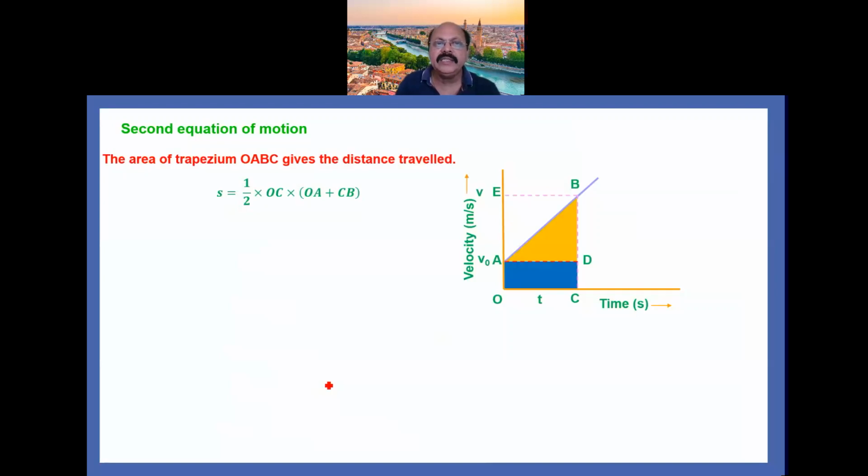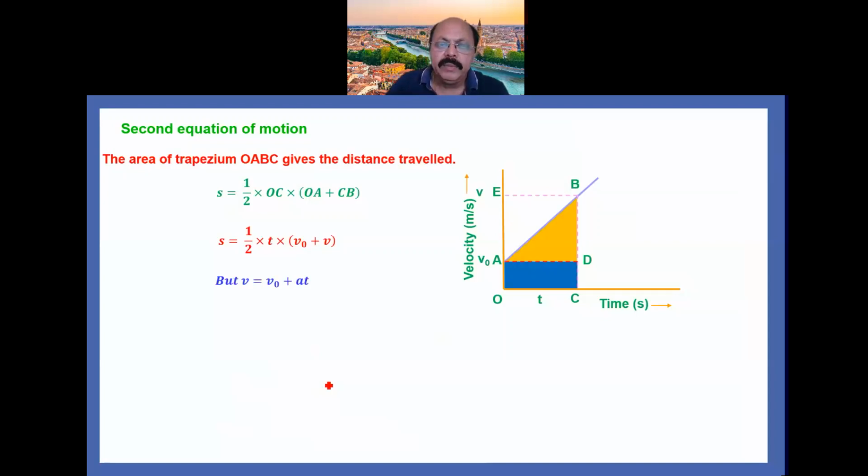Which can be written as S equal to 1 by 2 OC into within bracket OA plus BC, because the area of the trapezium is half multiplied by the perpendicular distance between the two parallel lines and then multiplied by the sum of these two parallel lines. Now you substitute the values of OC, OA and CB. Then the equation becomes S equal to 1 by 2 into T into, in place of OA V naught, in place of CB V, so V naught plus V.